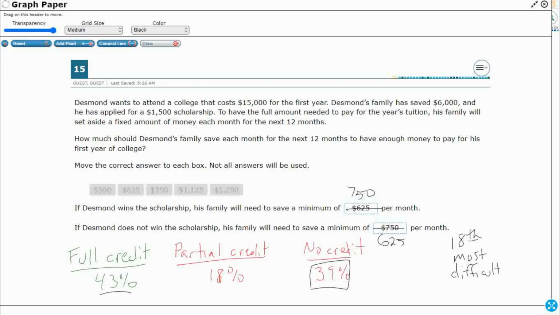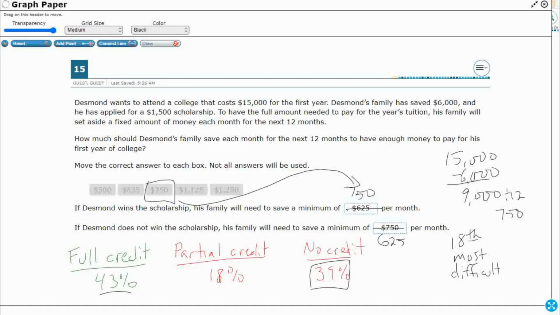And I'm guessing a lot of our students did that because as I was calculating, right, we had the 15,000, we took away the 6,000, that gave us the 9,000. So if you take your 9,000 and you divide that by 12, you get your 750. And you're like, oh, good, I see 750. And you put that right here. But that's actually not what is being asked there. That's if you win this scholarship.